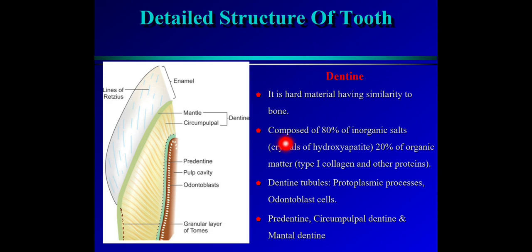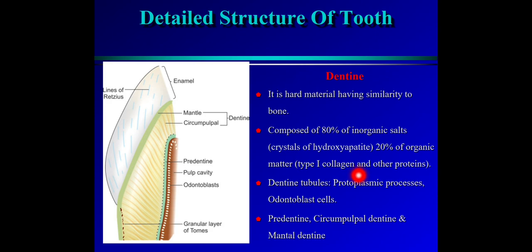It is composed of 80% inorganic salts, made up of hydroxyapatite crystals, and 20% organic matter, formed by type 1 collagen fibers and other proteins. So this is the composition of the dentine, how it is formed.